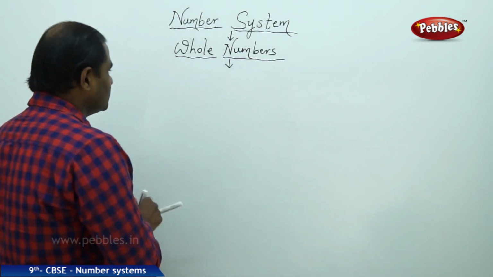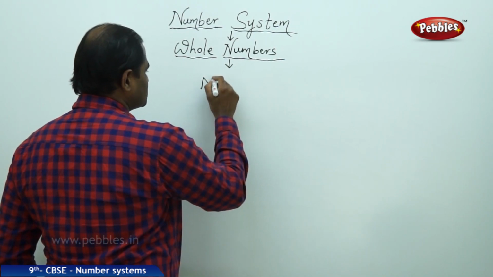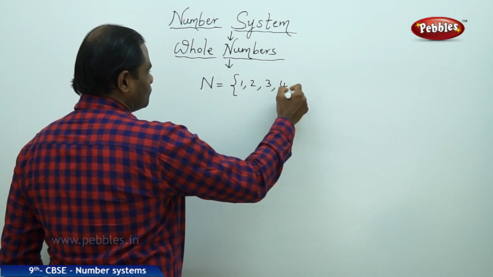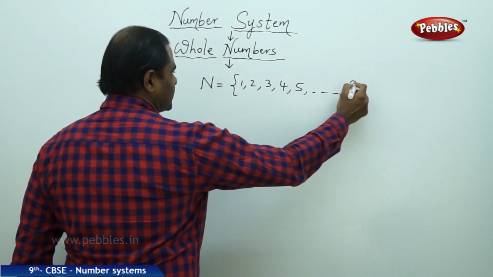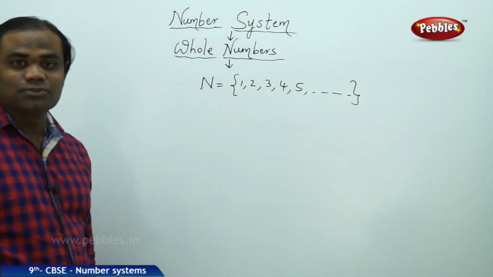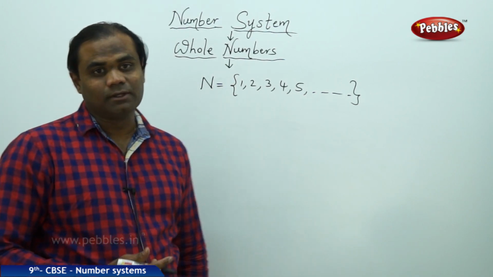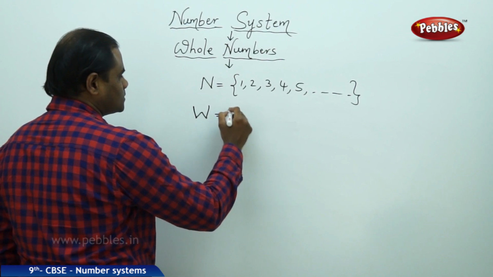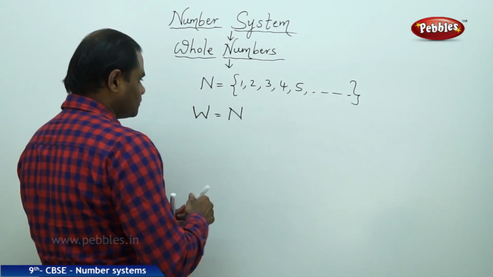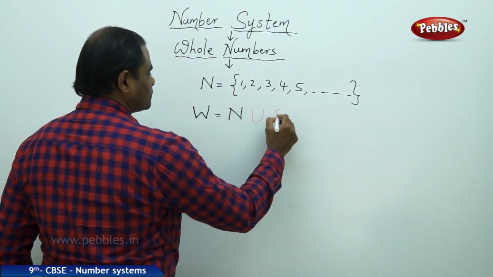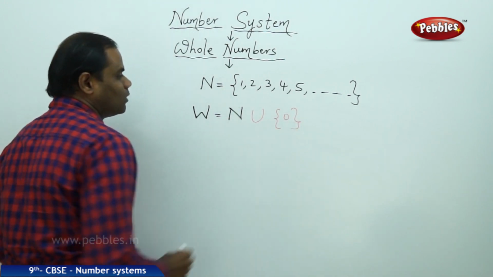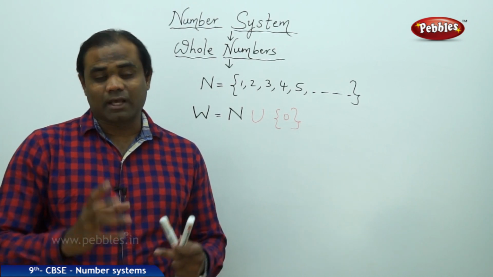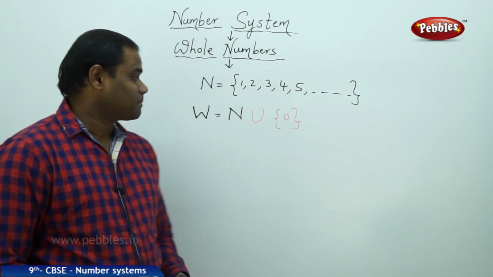Say for example, I have my natural numbers revisited to be 1, 2, 3, 4, 5, 6, etc. up to infinity, as we have discussed in the previous session. Then whole numbers are nothing but natural numbers, including 0, and that is the difference between natural numbers and whole numbers.